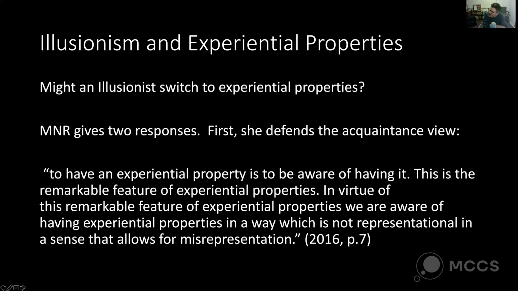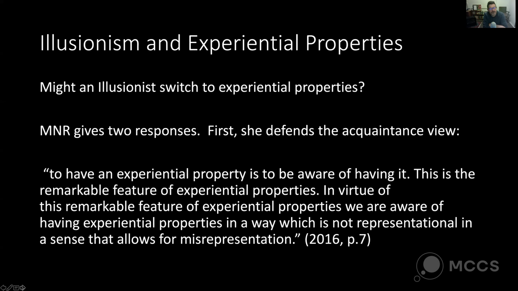In fact, in Nida-Rümelin's version, acquaintance is even stronger than the version I talked about. She thinks that, the way she puts it here, to have an experiential property is to be aware of having it. Now, I think I won't go into that here. That's a sort of complicated version of an acquaintance view that in fact identifies these things, and you've got to ask yourself how this identity would in fact work.